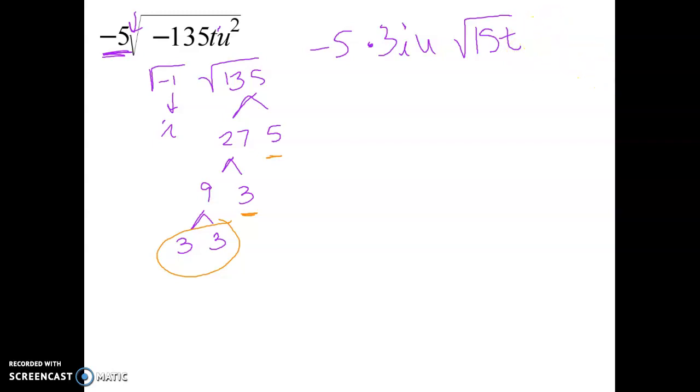Let's multiply to simplify our final answer. -5 times 3, -15 i |u|, square root of 15t, and I notice that u has an exponent of 1, which is odd, so I put absolute value bars on it, and that is my final answer.